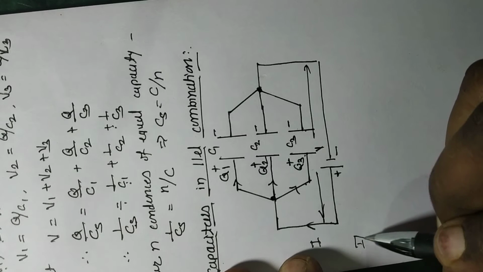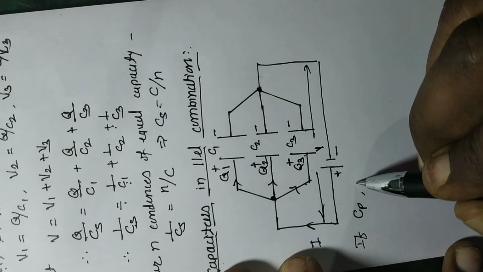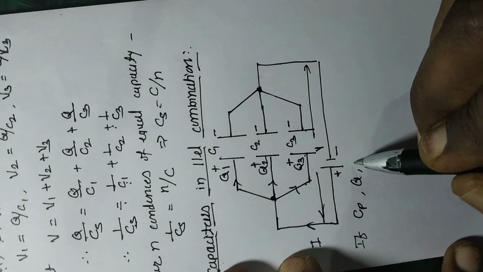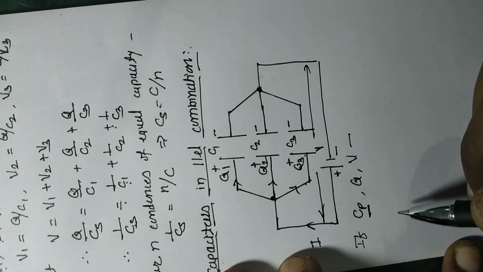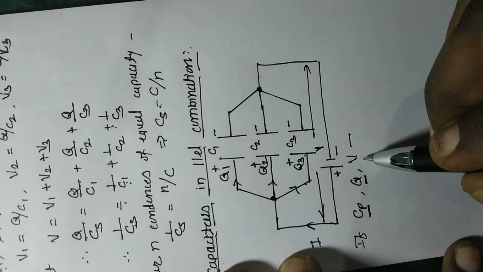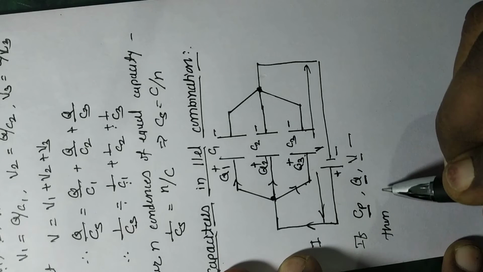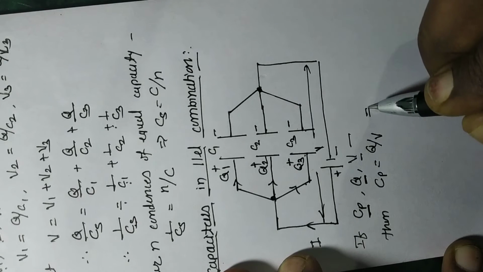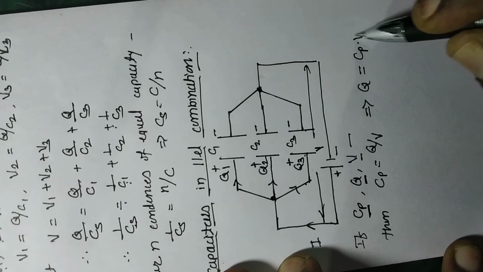Suppose Cp, Q and Phi are the resultant capacity in parallel combination, total charge on the combination and potential across the combination. Then Cp is equal to Q divided by Phi, which implies Q is equal to Cp into Phi.